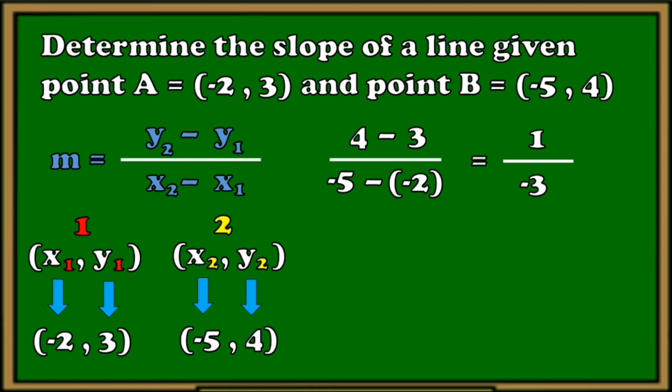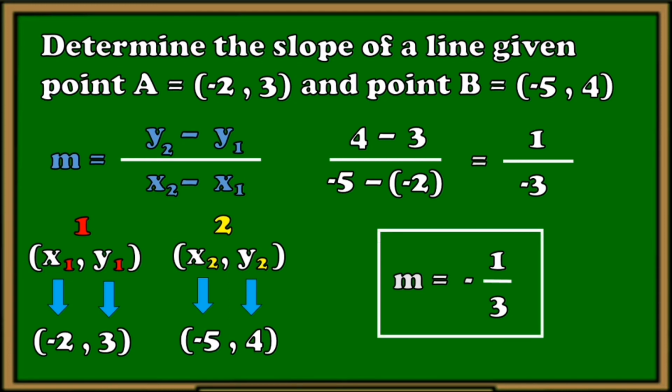We now have 1 over negative 3. 1 over negative 3 is already in its simplest form. Let's just rewrite 1 over negative 3 to negative 1/3. The negative sign will be the sign of the whole fraction. So we now have the slope negative 1/3. And that's how you determine the slope of a line given 2 points.